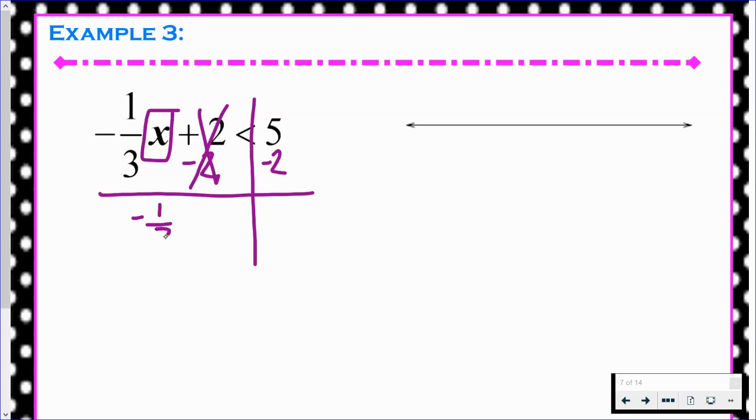Now I'm left with negative 1/3 x less than 3. In order to get the x by itself, I'm going to multiply by the reciprocal.